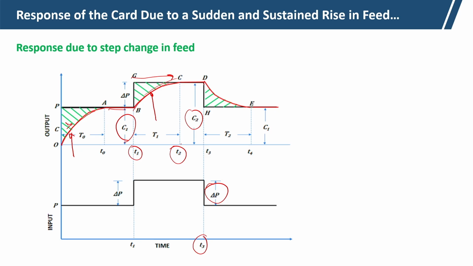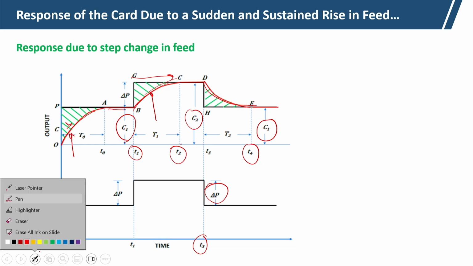That is why it will drop gradually and stabilize at C1 again at time T4. That is the situation here, and we will now try to analyze how the card is responding.